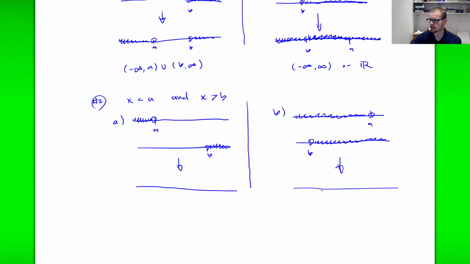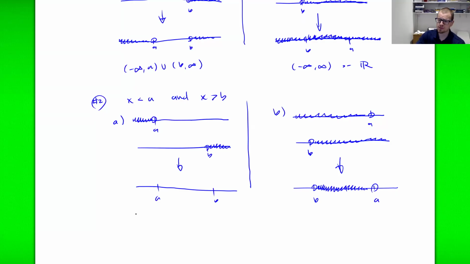These are both shaded, so that's in there. These are both shaded, so that's in there. I can go as low as B itself and as high as A itself, not inclusive. And everything in between them will work just fine. Here, again, oh look, nothing works.